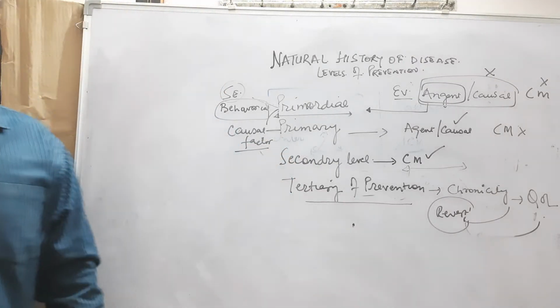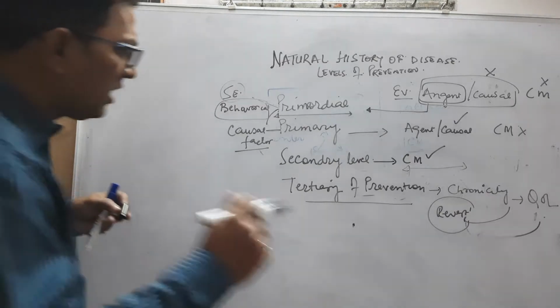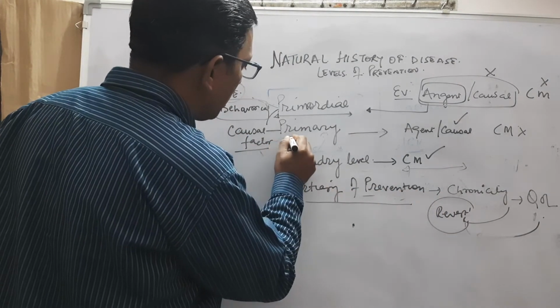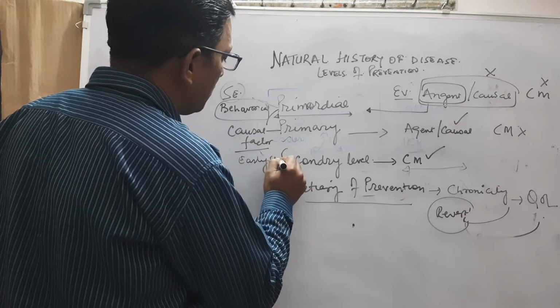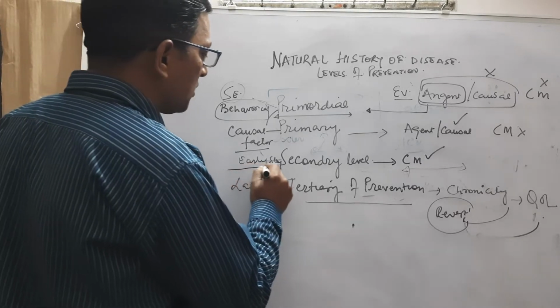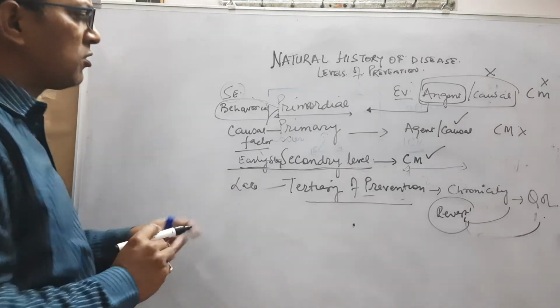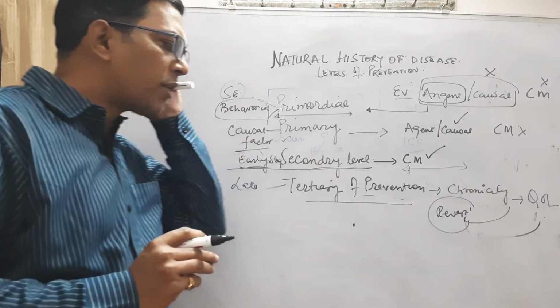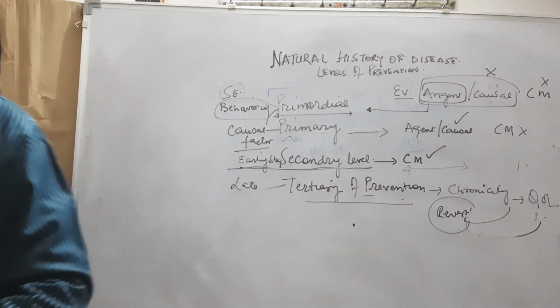And at the secondary level of prevention, this is the early stage of disease. This is the causal factor, this is the early stage of disease, and this is the late stage of disease. So the early stage of disease comes at the secondary level of prevention. It does not come at the primary level of prevention. It comes at the secondary level of prevention.